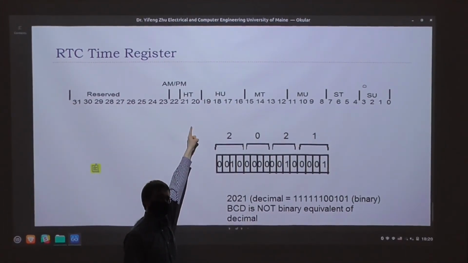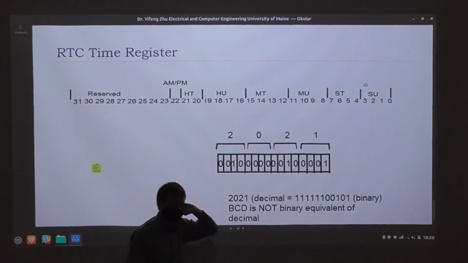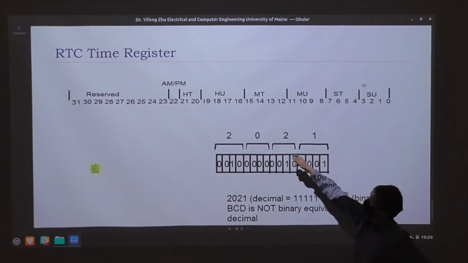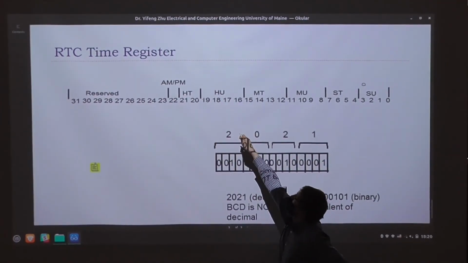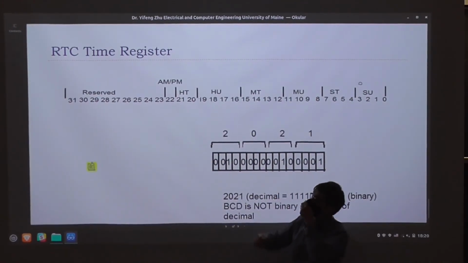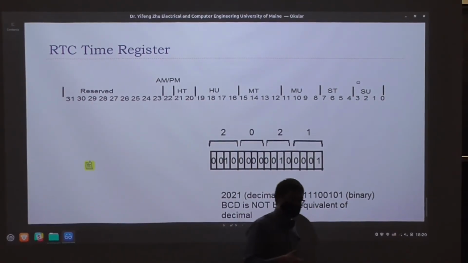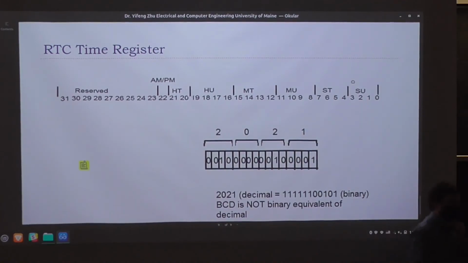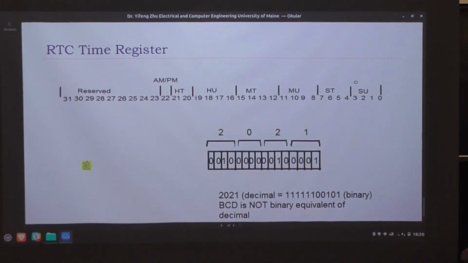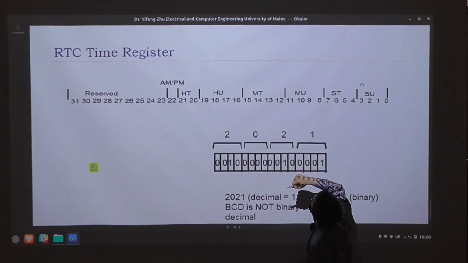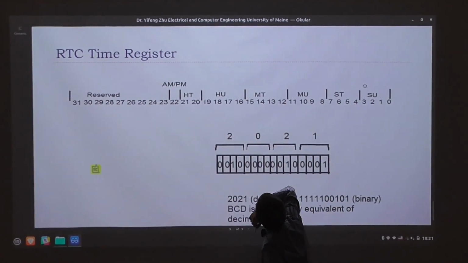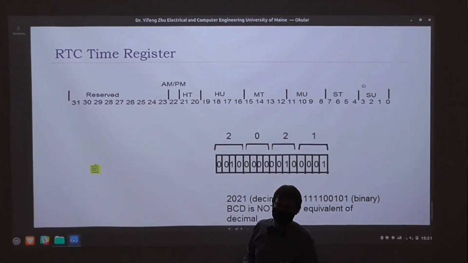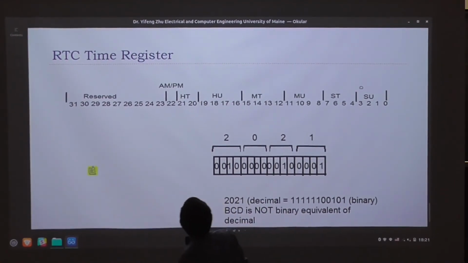So HT stands for hour tens. Because the hours of the day, the tens digit may not exceed 2, we only need 2 bits to represent it. Hours unit, the ones digit, requires 4 bits because it can go anywhere from 0 to 9. Minutes may not exceed 6 in the tens digit, or 5 actually, so you'd only need 3 bits. But it's given 4 here.